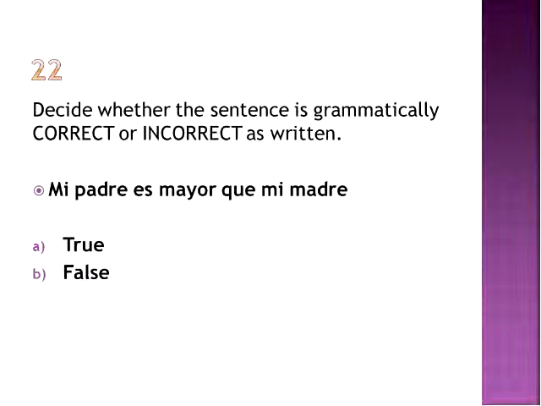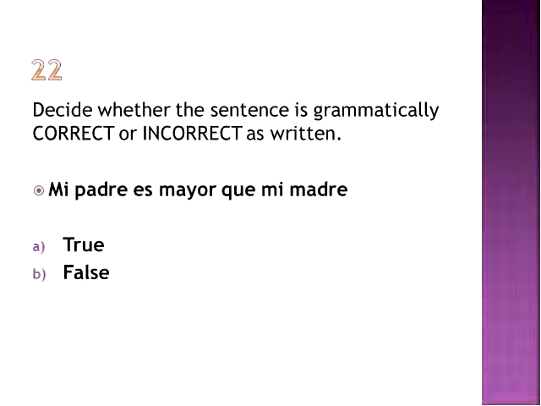This is a follow-up of the last slide where we were talking about comparison terms, and this is the other comparison term. Instead of tan and tanto going with como, in this case, más or mayor or peor go with que.